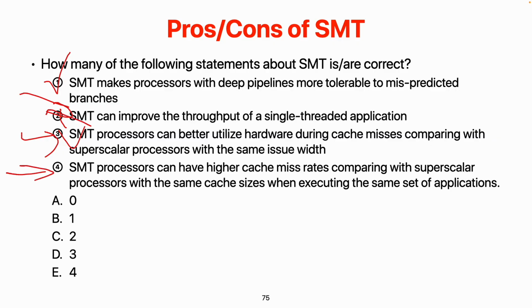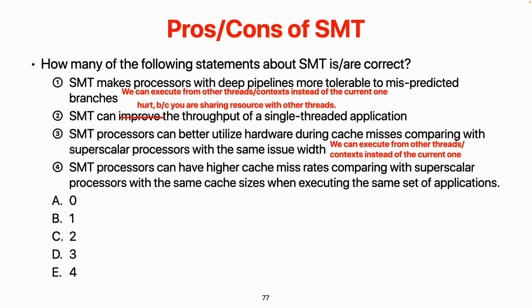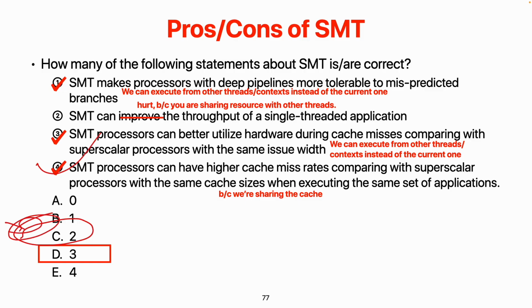How about the fourth one? True, right? Because again, it's about sharing, right? So it could have a higher misprediction rate. So in fact, three are correct because of the higher misprediction rate.